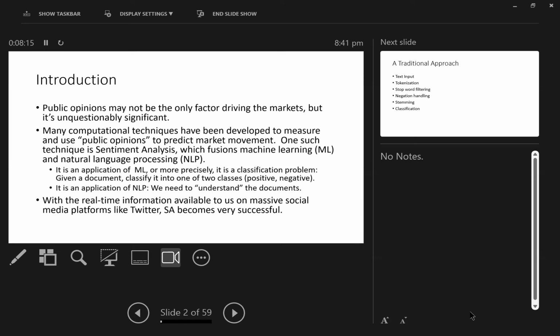Now we move on to another topic that is somewhat fundamentally different from what we have described earlier.